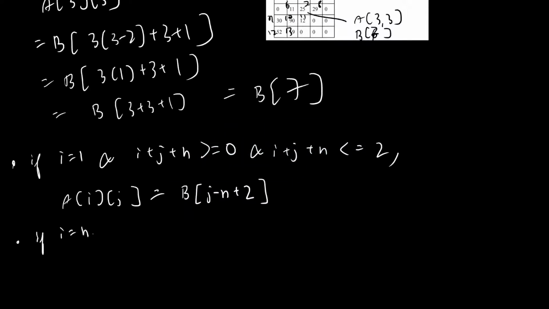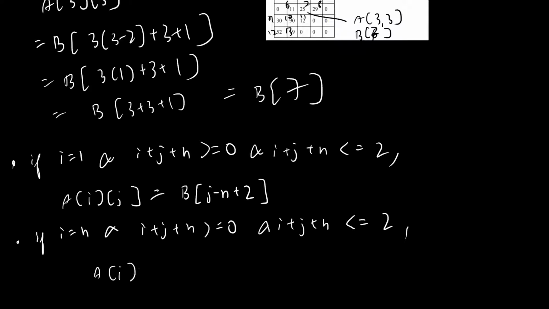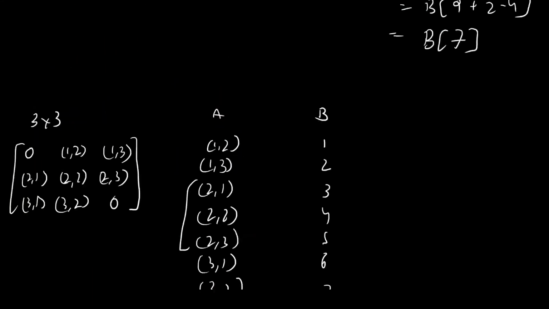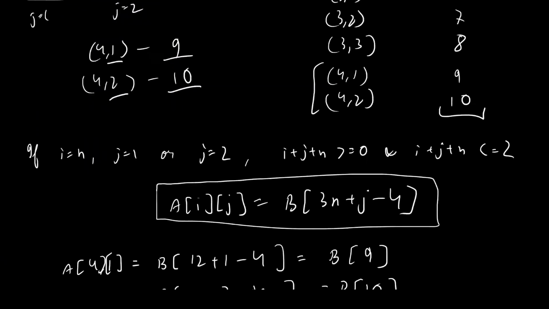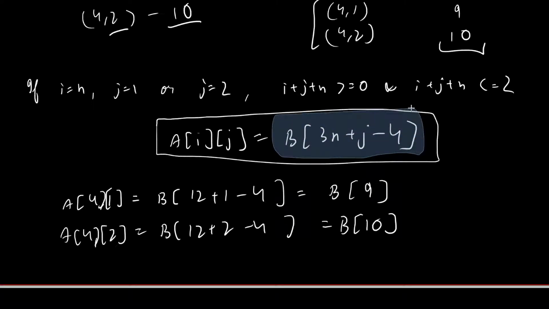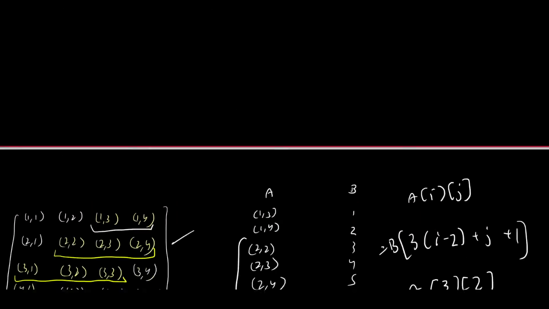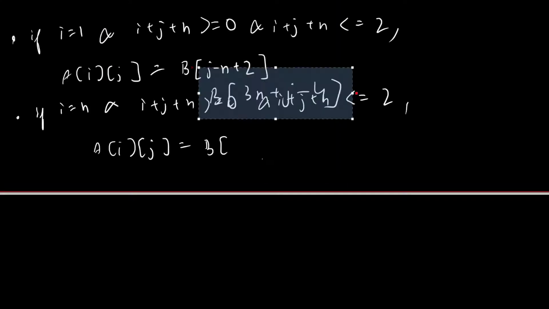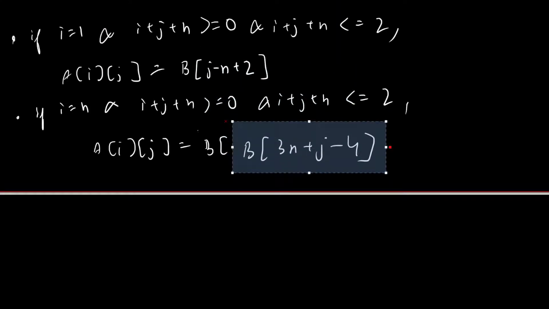If i equals n and i plus j plus n greater than or equal to 0 and i plus j plus n less than or equal to 2, then aij would be equal to b 3n plus j minus 4.